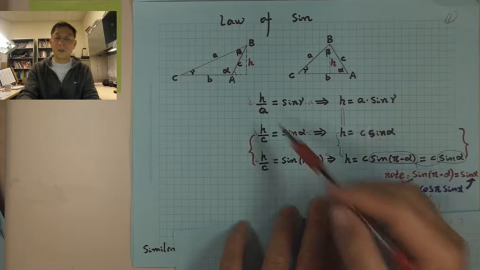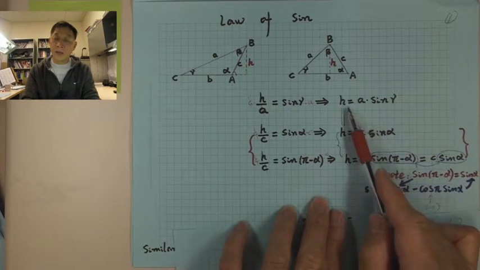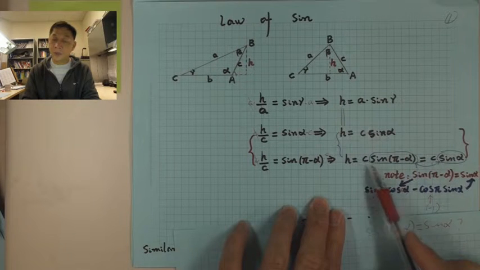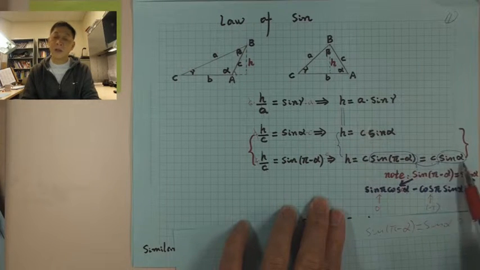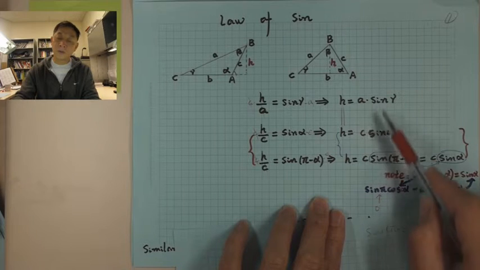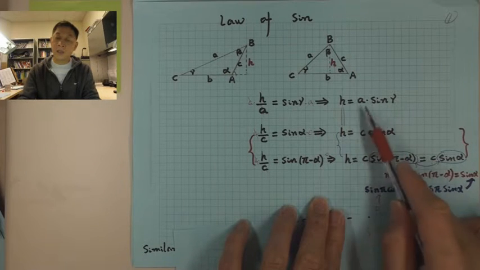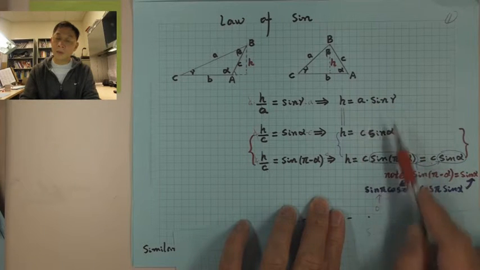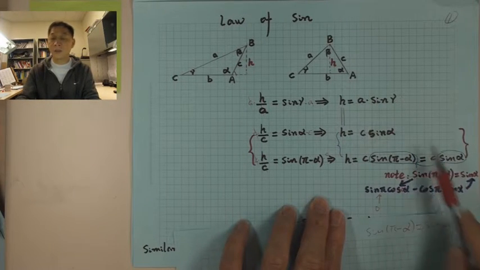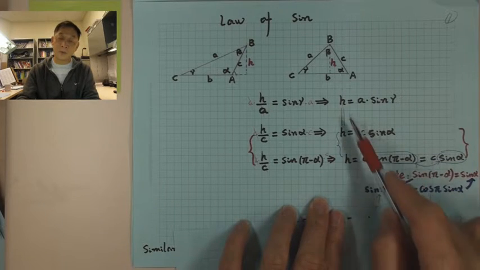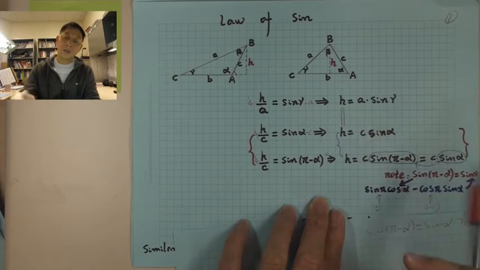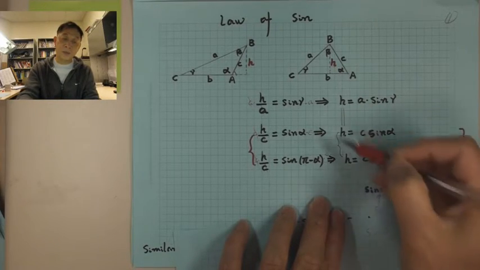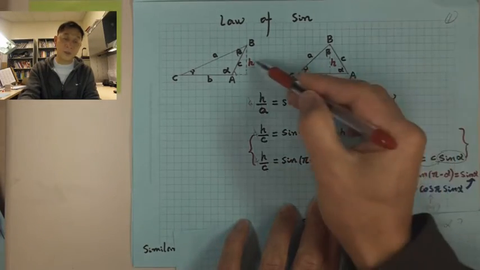So in this case, you still have h equals a sine gamma, h equals c sine alpha. Still those two are equal because they are the same h. The difference is that this h is this h and this h is this h.